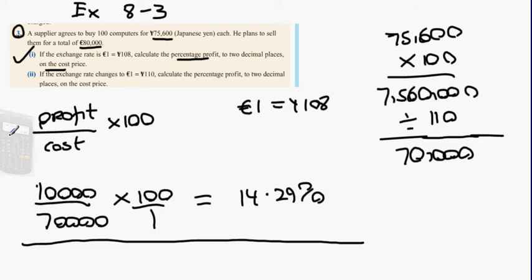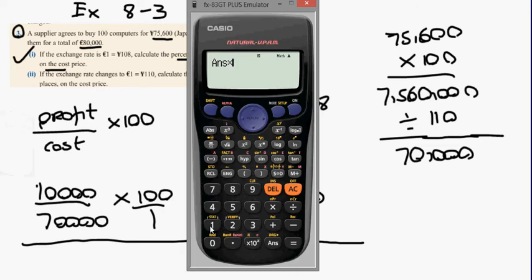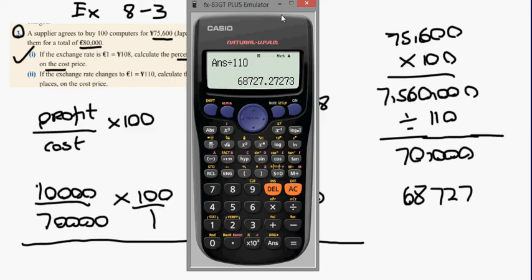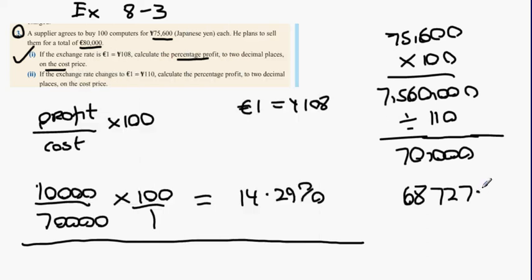So we're going to multiply by 108 to send it back to where it was, then divide that by 110 instead. This time we get 68,727.27.